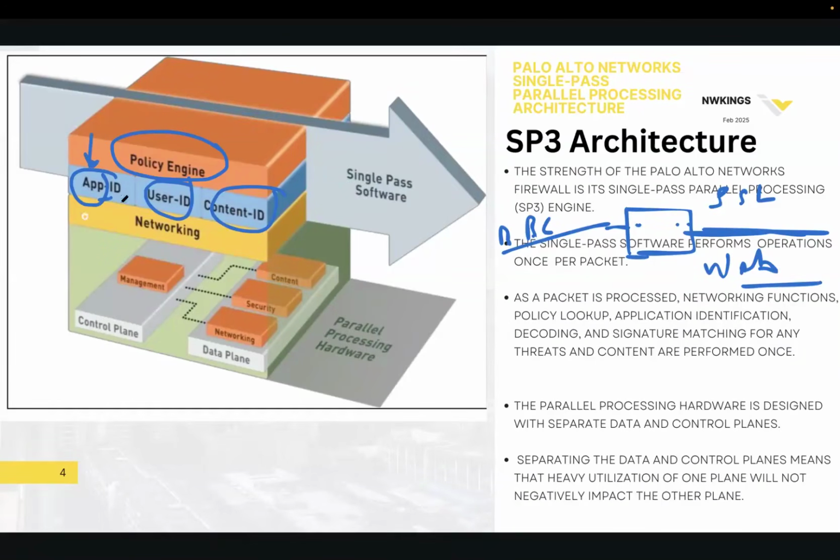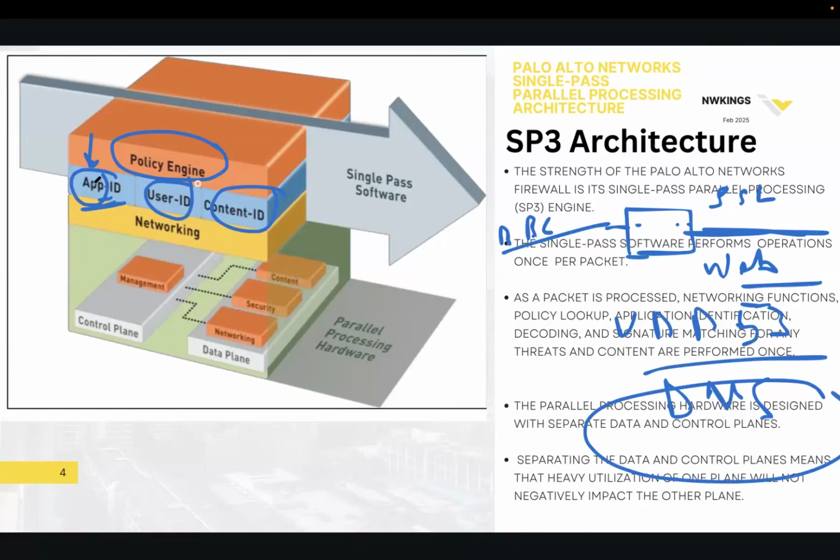It will be identified by this policy engine, and we call it app ID. For example, if traffic is going on UDP 53, it is identified as DNS traffic. That is done by the app ID.